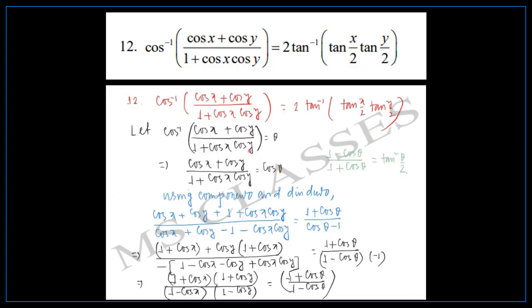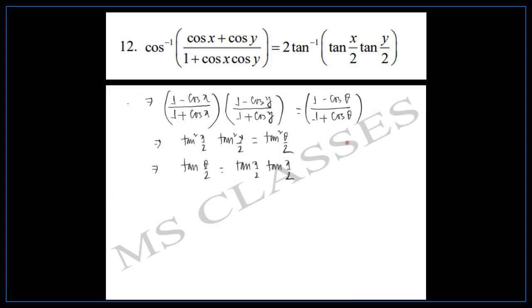Now here, this theta will lie from what? This theta will be greater than or equal to 0 and less than or equal to pi. Though here it cannot be equal to pi also. Why? Because it is cos inverse, so it can be only less than pi. So theta by 2 will lie from greater than 0 to less than pi by 2.